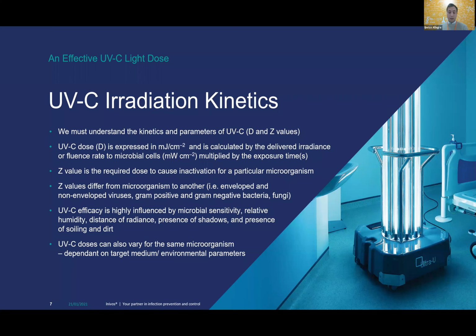UV decontamination with UVC is an energy-based process, which means the microbial inactivation is determined by the delivered UV dose via the decontaminating unit, which means how to calculate what we refer to as the D, i.e. the UVC dose. You basically multiply the delivered irradiance, or the fluence rate, by the exposure time.